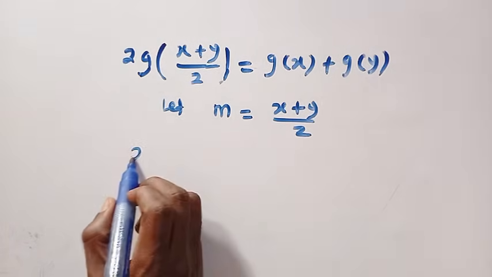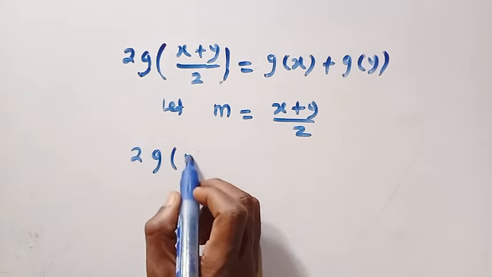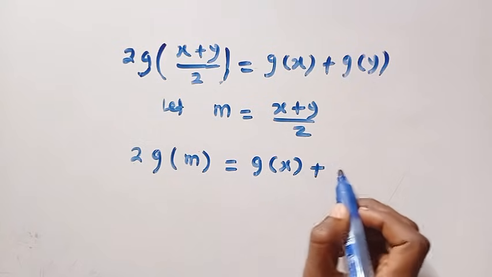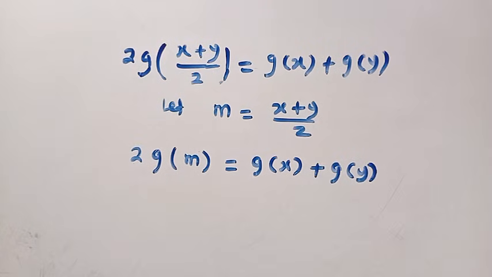So here we have 2g of m equals g of x plus g of y. With what I get here, this shows that g is additive and is linear in midpoint.